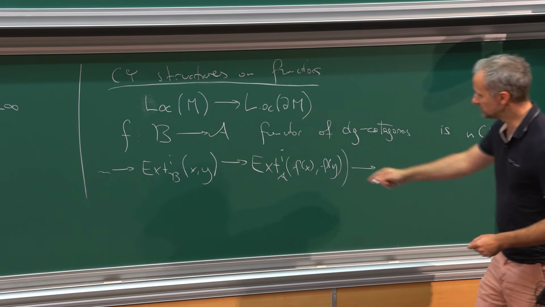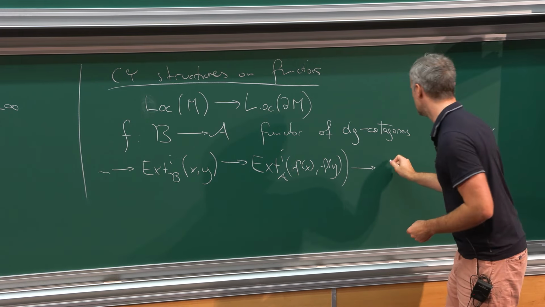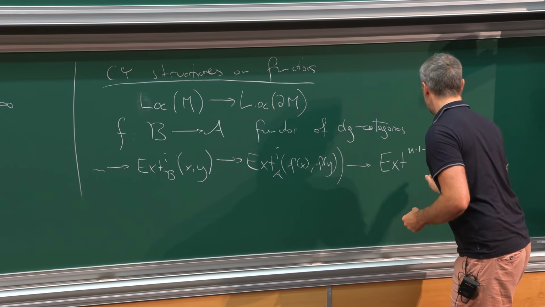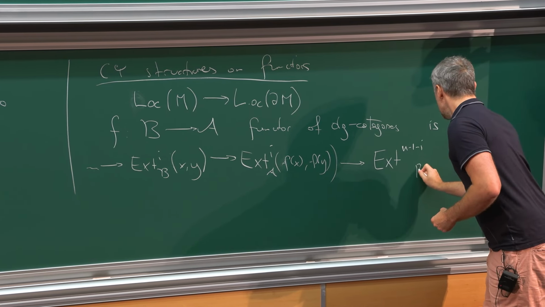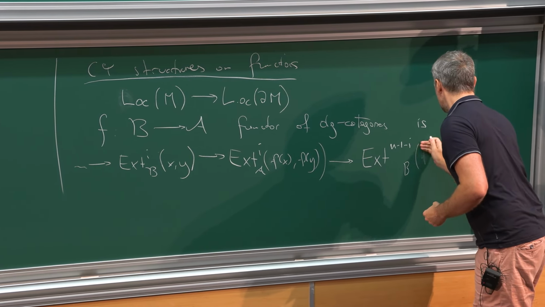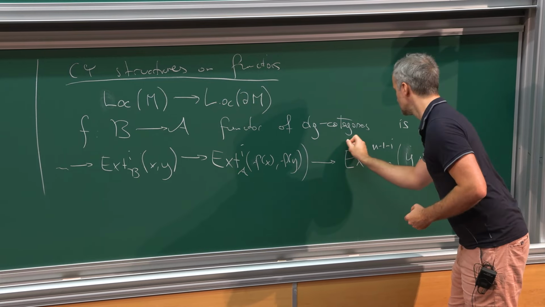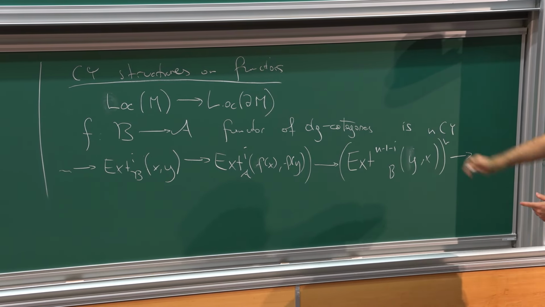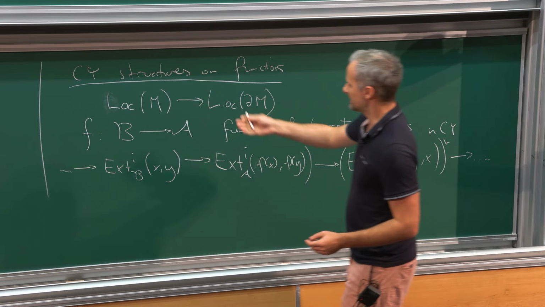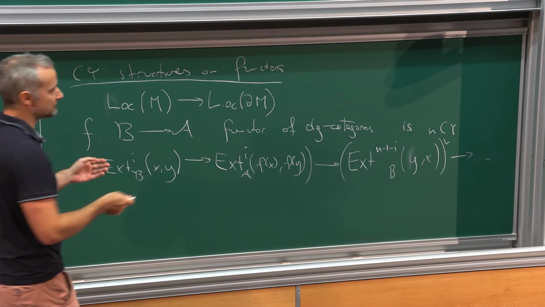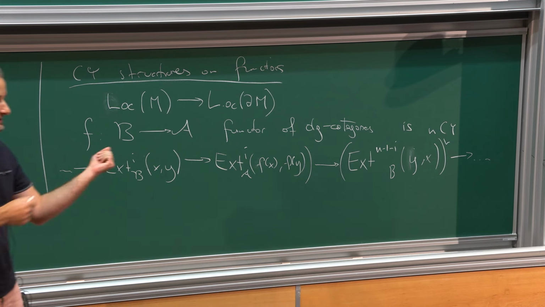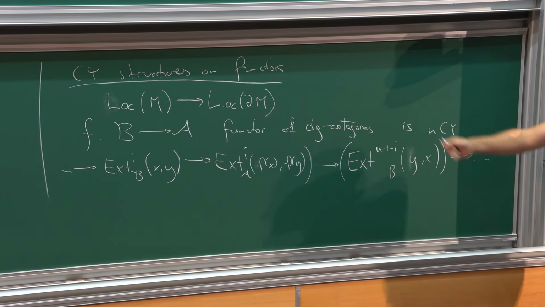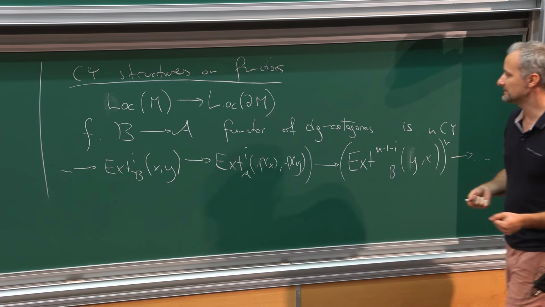And then I can use the dual of the functor f to go to Hom from y to x of degree n minus 1 minus i inside B. Instead of having long exact sequences, we should have some kind of fiber sequence in the correct homotopical sense, and that's how you define Calabi-Yau functors.